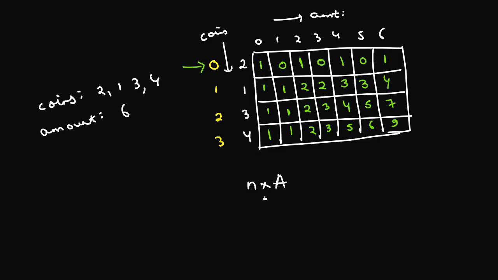Say capital A. So the dimension is actually A plus 1, because you have all the entries from 0 to 6. These are 7 entries if you see. So the dimension of the DP array is going to be n cross A plus 1, where A is the amount that you have to make.